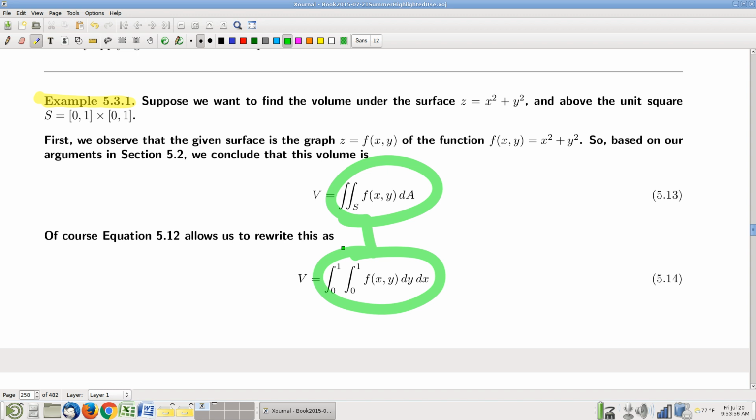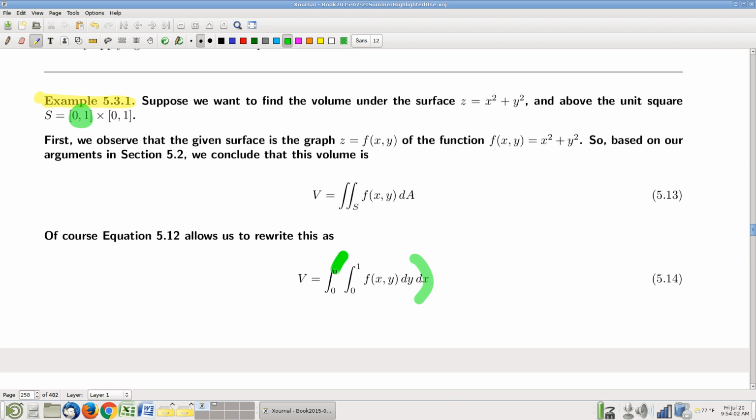Right? And the ranges of values are exactly what you would think. The range of values of x on the rectangle are from 0 to 1, so in our integral, x goes from 0 to 1. The range of values of y on our rectangle are 0 to 1, so in our inside integral, y goes from 0 to 1. Everybody happy?